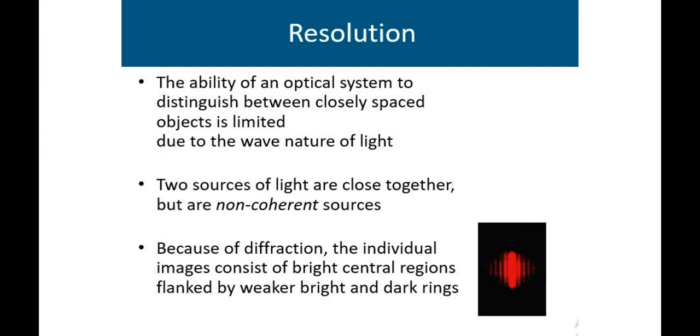If two sources of light are close together, and what is important, they should be not coherent sources, because if they're coherent, then everything gets much more complicated. And because of diffraction, individual images consist of bright central regions and some dark rings.